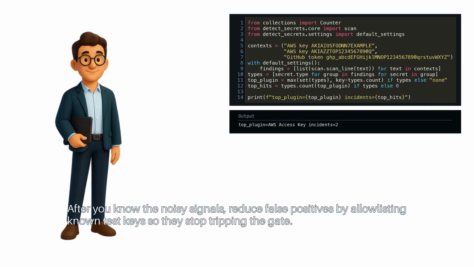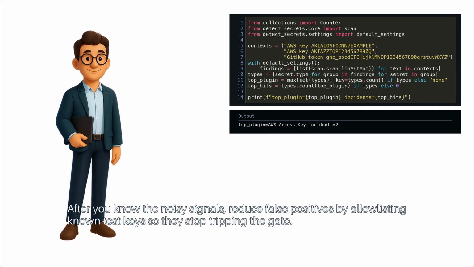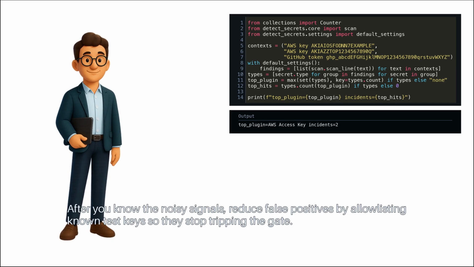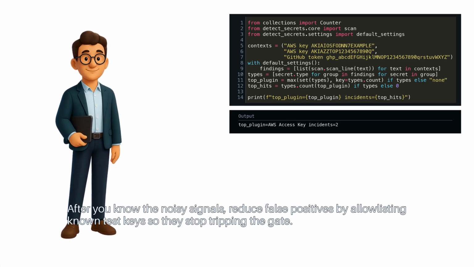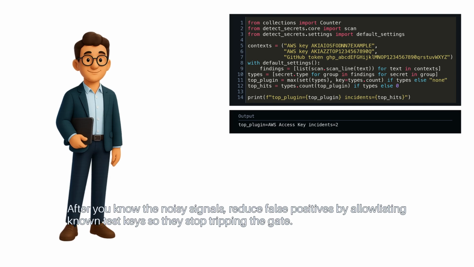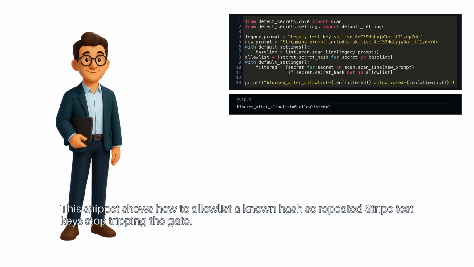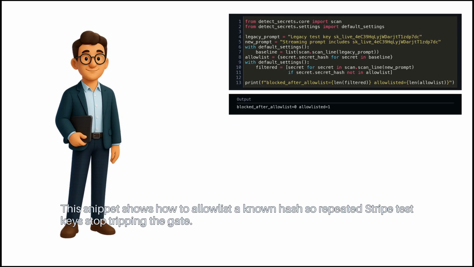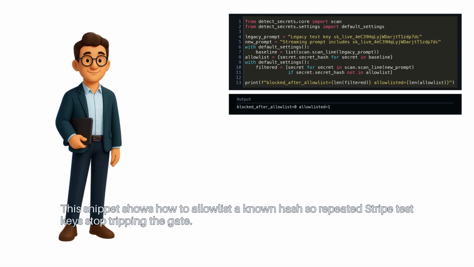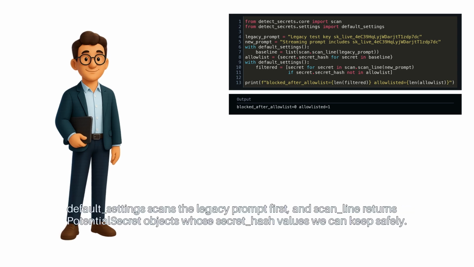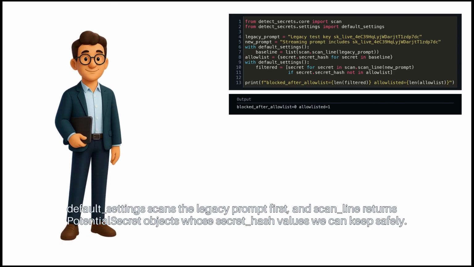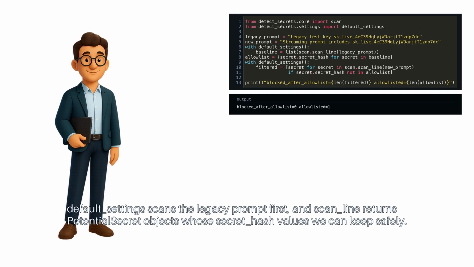After you know the noisy signals, reduce false positives by allow listing known test keys so they stop tripping the gate. This snippet shows how to allow list a known hash so repeated Stripe test keys stop tripping the gate. Default settings scans the legacy prompt first, and scan_line returns potential secret objects, whose secret hash values we can keep safely.